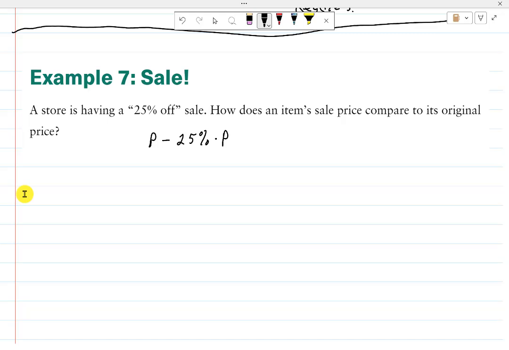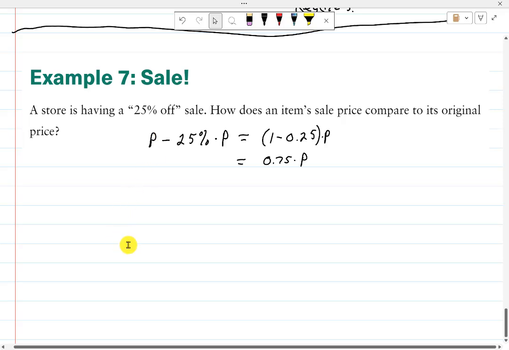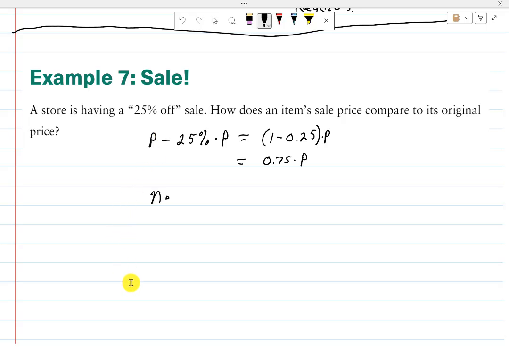Now I'm going to use the distributive property to factor out a P, and I'm changing the 25% to a decimal at the same time. 1 minus 0.25 is 0.75 times P. So this is what we'll do to find the price. What we see is that the new price is 75% of the original price.